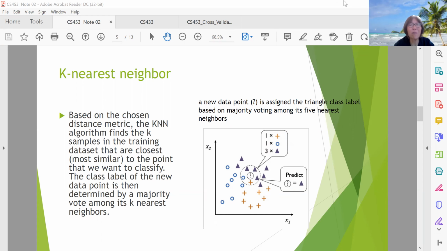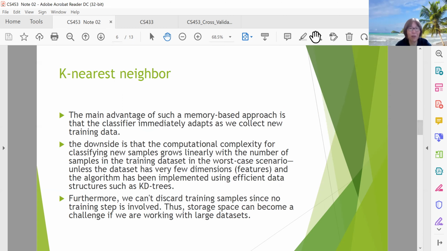So it's straightforward, pretty obvious. Okay, then let's see KNN. Just think about it: for every new data point, you need to do that neighboring and the majority vote.